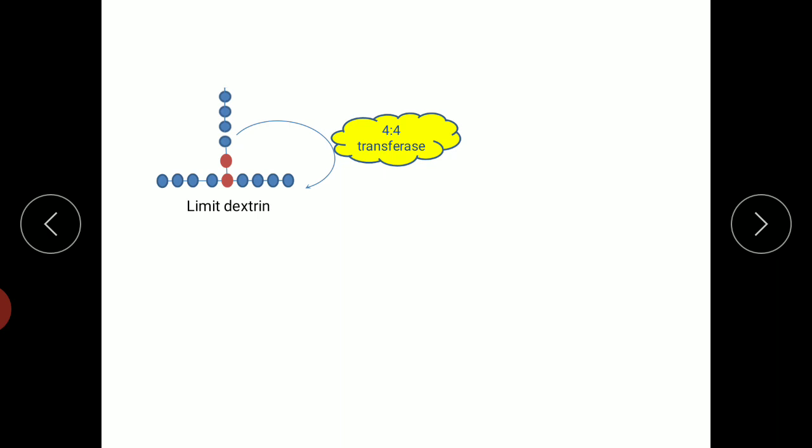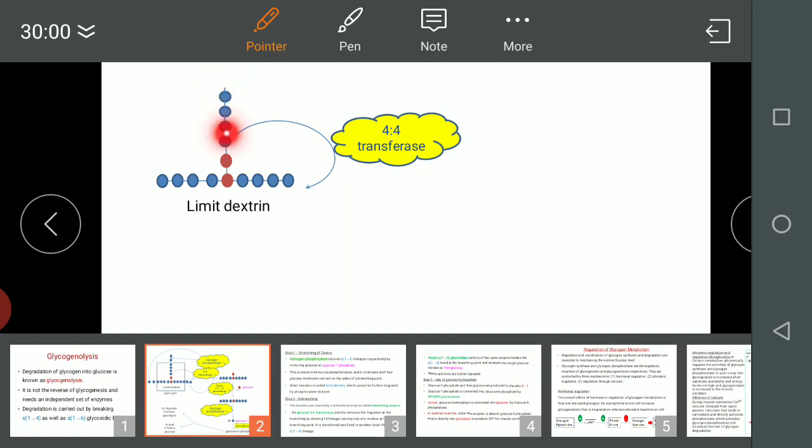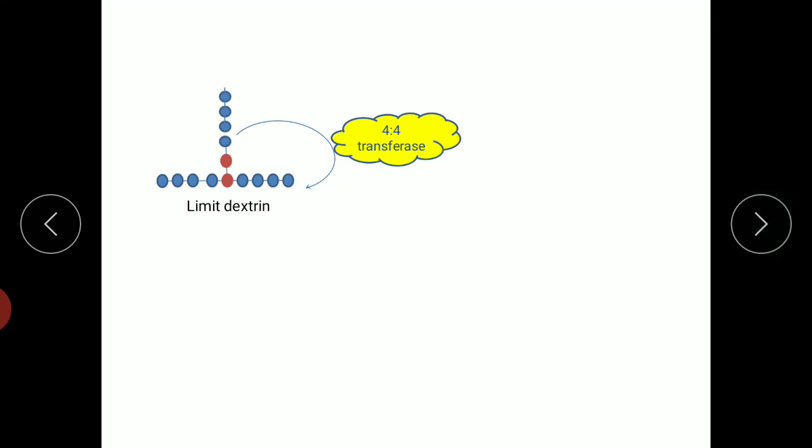Leaving only one glucose residue in this red bubble, this fragment is removed and it is joined to another molecule or to the same molecule through 1,4 glycosidic bonds. You can see a last glucose residue is present at the branching point.